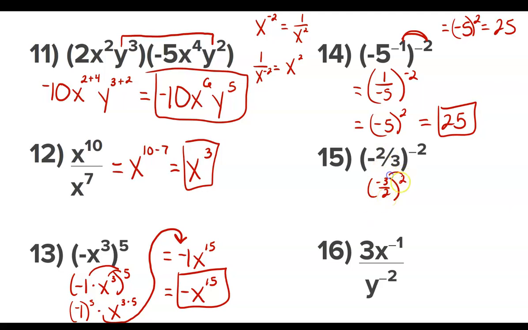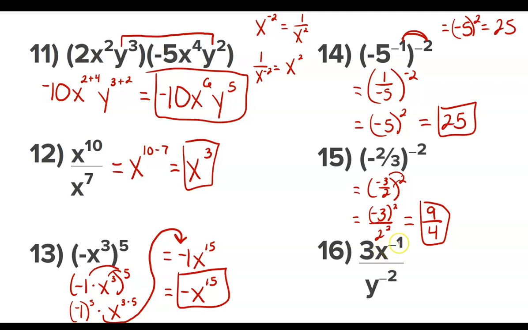Then I want to make sure this exponent gets to both of my terms on the inside because we are dividing these. We can do that. If it was subtraction or addition, we would not be allowed to. So we have negative 3 squared over 2 squared. Negative 3 squared is 9. 2 squared is 4.